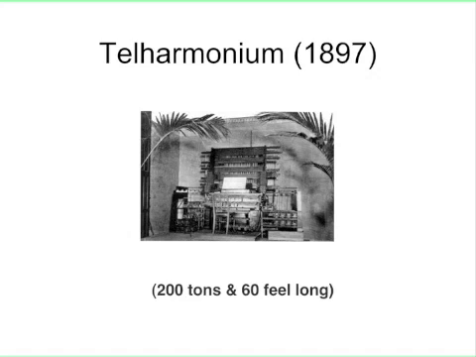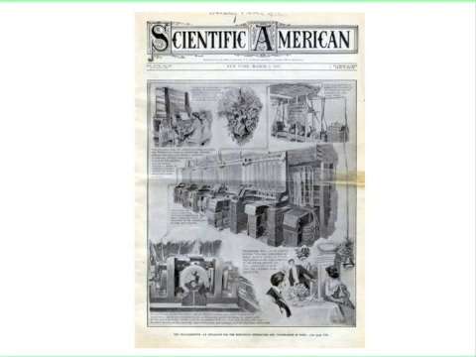The telharmonium was 200 tons and 60 feet long. Whoops, there's a typo there, sorry. It actually took up an entire building in a block in New York City and was run for many years quite successfully.